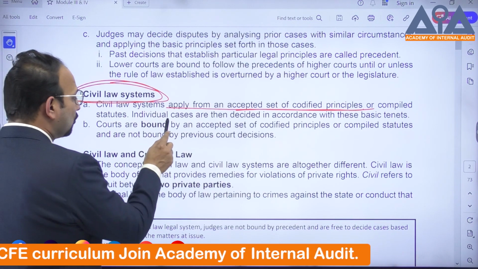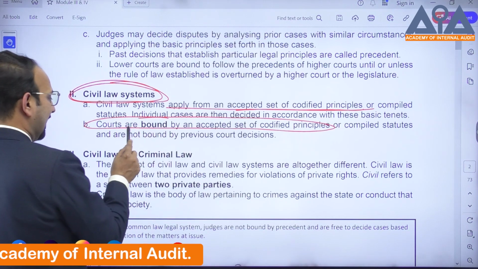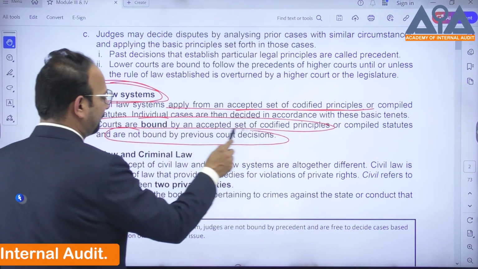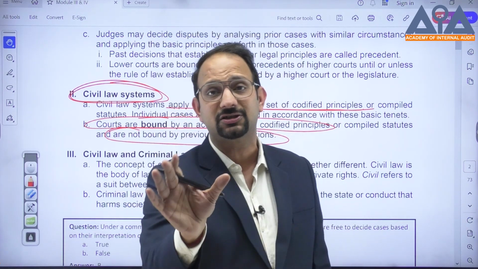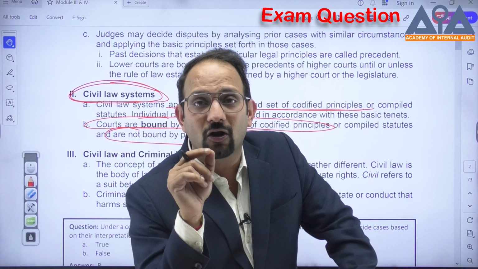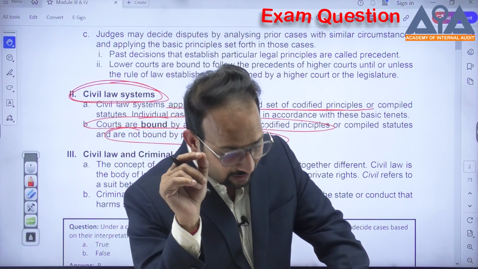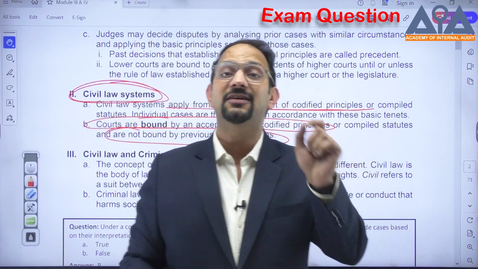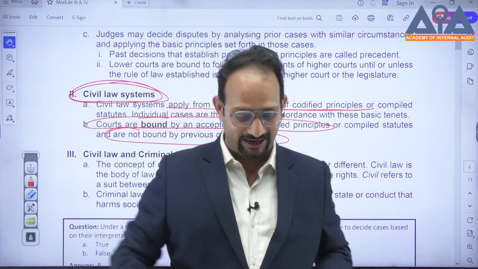Number two, the courts are bound by the accepted code of principles, hence are not bound by previous court decisions. Guys, write it down, a 100% question is going to come in the examination: which of the following court systems is not bound to follow previous court decisions? The civil law system. Clear?